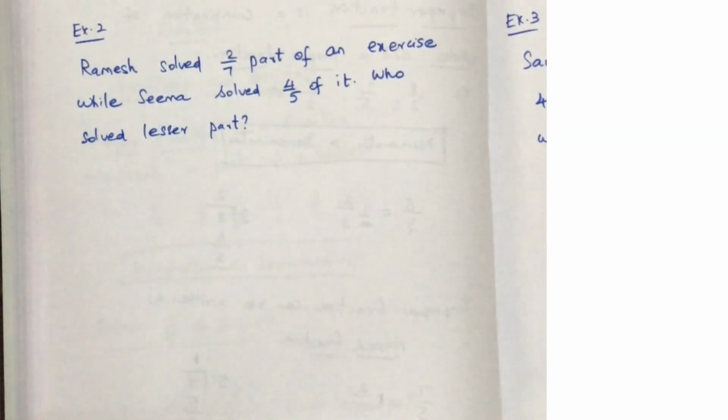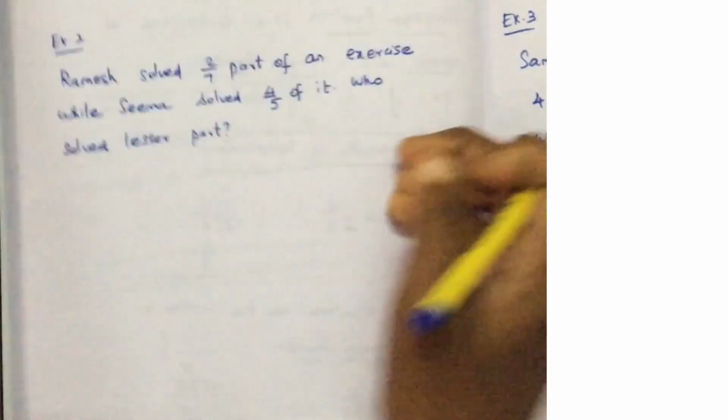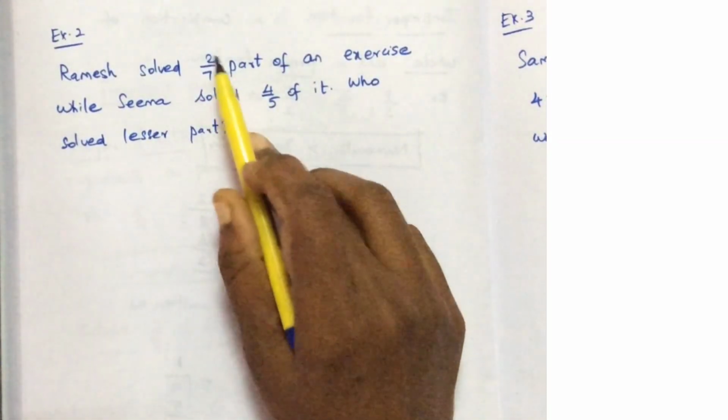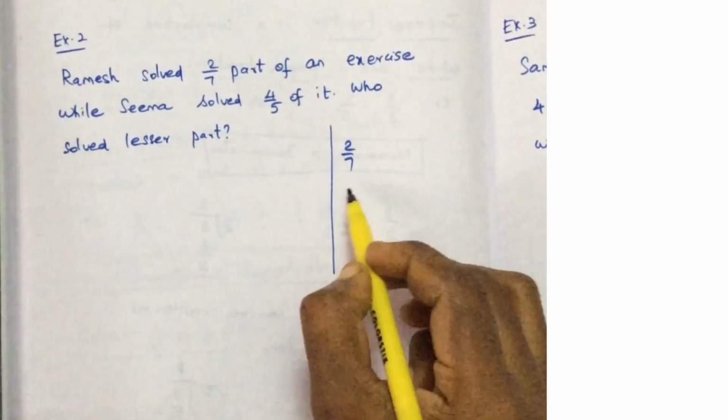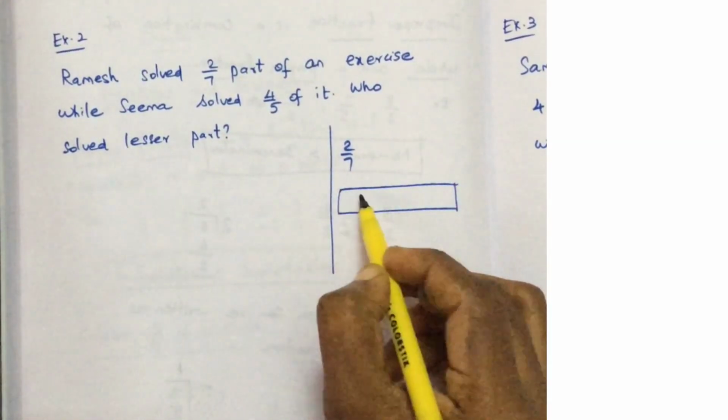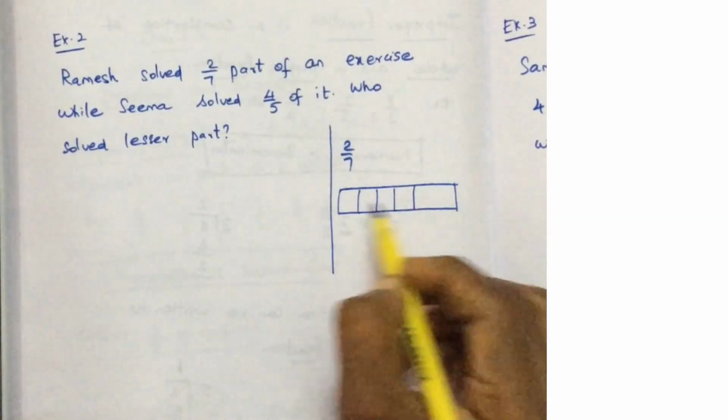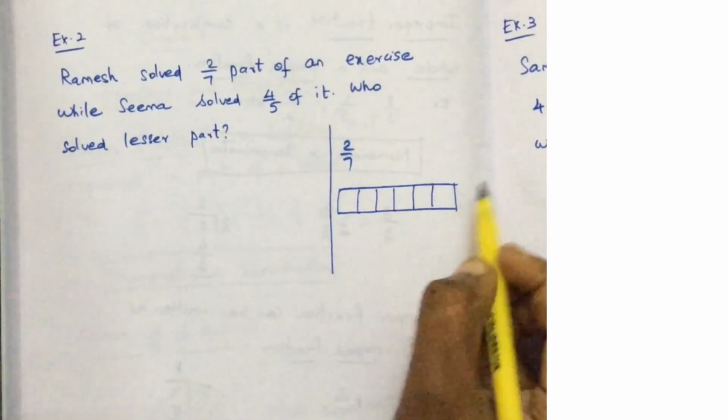One thing we have to remember, whenever you do addition, subtraction or comparison with fractions, the denominator should be the same. Okay, why? Because you see this is 2 by 7. If I want to represent it like this, 1, 2, 3, 4, 5, 6, 7.